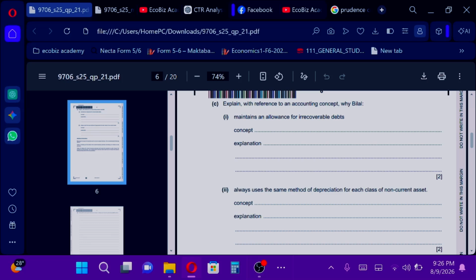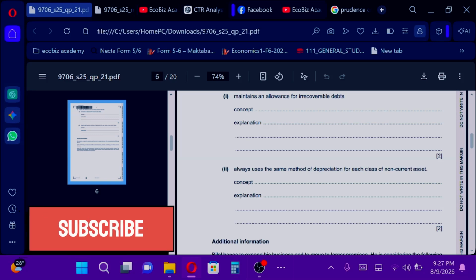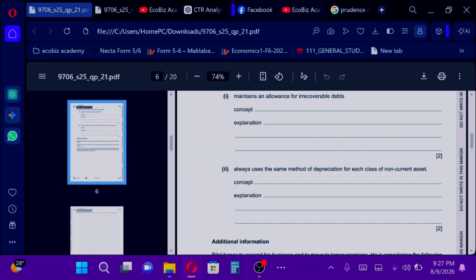Explain with reference to an accounting concept why Bilal always uses the same method of depreciation for each class of non-current assets. So the answer here will be the consistency concept. This is because the consistency concept states that for each year or each financial period, we must use the same accounting method to record the transactions.